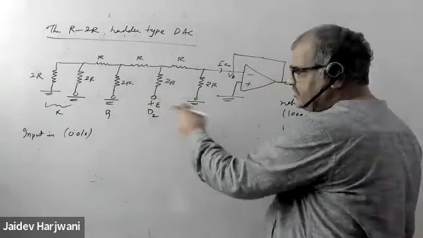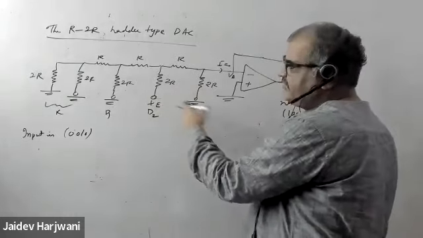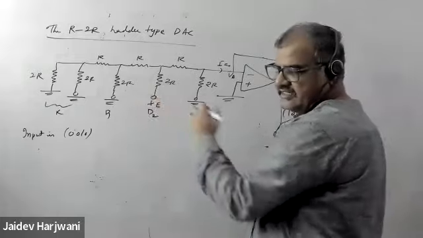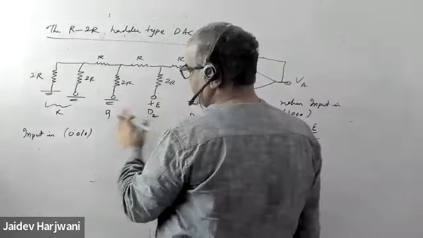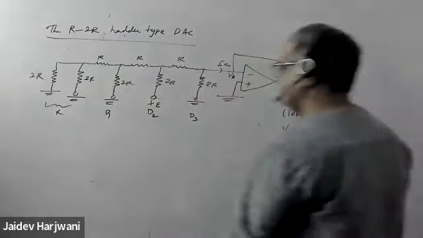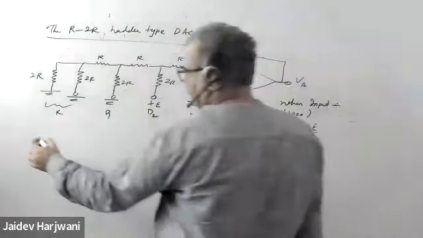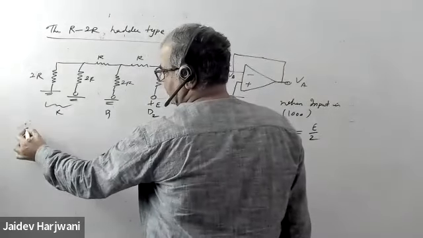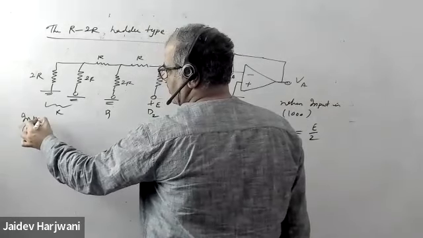This value can be changed. Like I'm putting E, you can put something else, V3, V2, Vn minus 1, like this. For simplification, I'm putting the same value here. So now all the others are grounded. Again, I have to calculate. So the input is 0, 1, 0, 0.